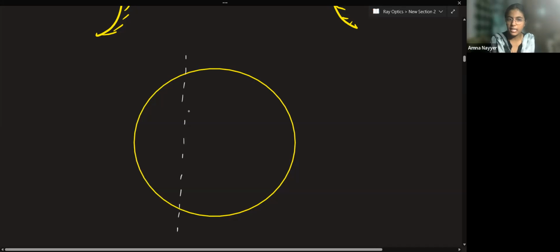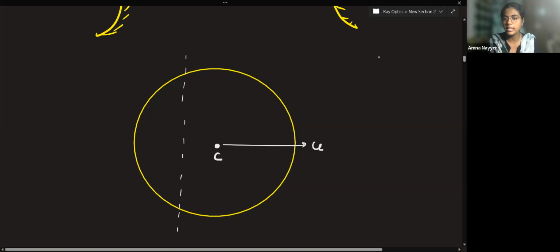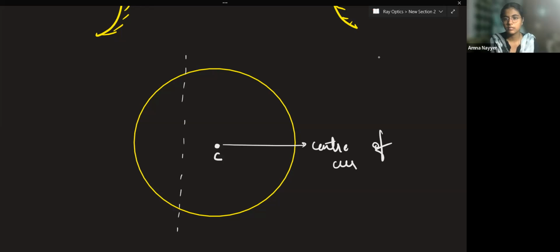Now, this part I have used for the mirror, but initially it was a part of a hollow sphere. So there will be a center of the sphere, which we call the center of curvature. From the complete sphere, you are taking a part of it.